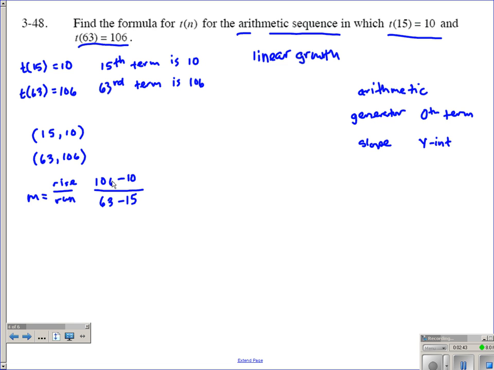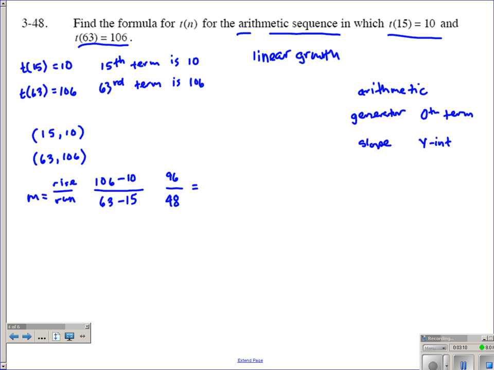So the difference between our actual 2 terms here is going to be 96, and the difference between our actual term numbers here, so how far apart are they? We'll say one's the 63rd term, one's the 15th term, which means we are 48 terms apart there.